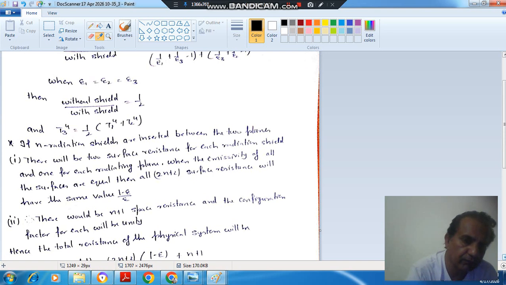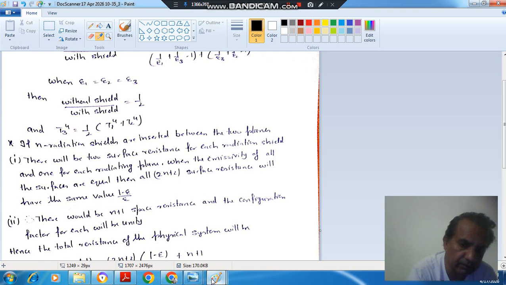So now if there are n shields inserted between the two planes, first of all I will calculate the surface resistance. There will be two surface resistances for each shield and one for each radiating plane.